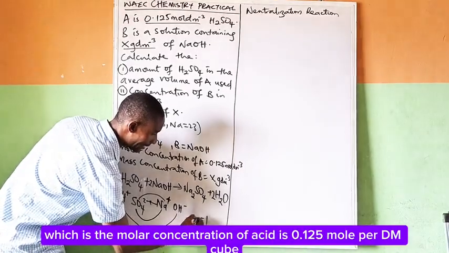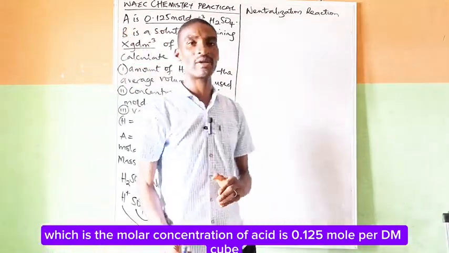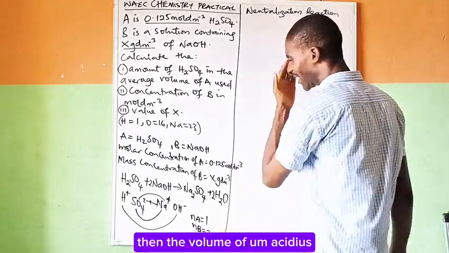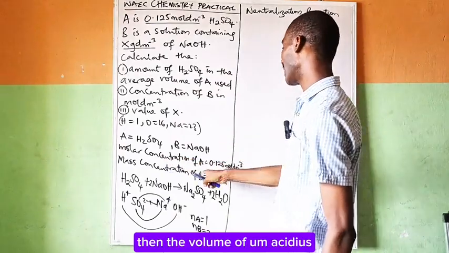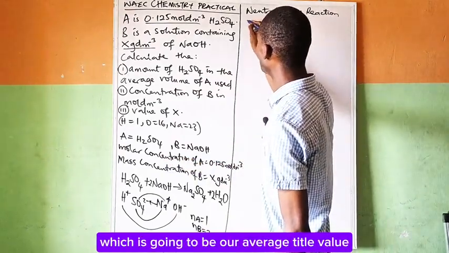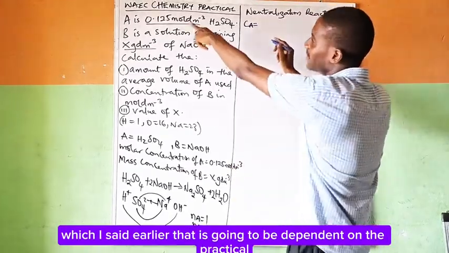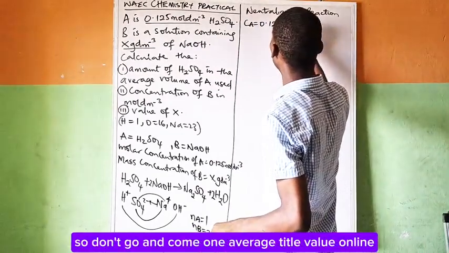My Na is 1, Nb is 2. Once your equation is correctly balanced, that is how you get your Na and your Nb. The next thing is we already have our parameters, so let's rewrite them. Our Ca, which is the molar concentration of acid, is 0.125 mole per dm cube.